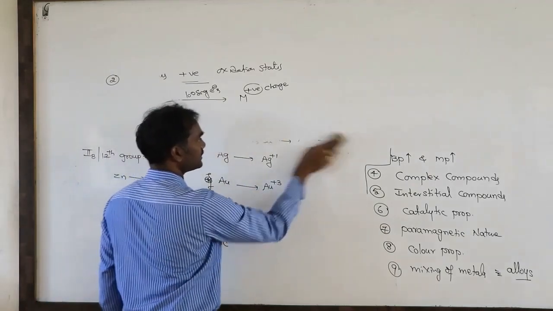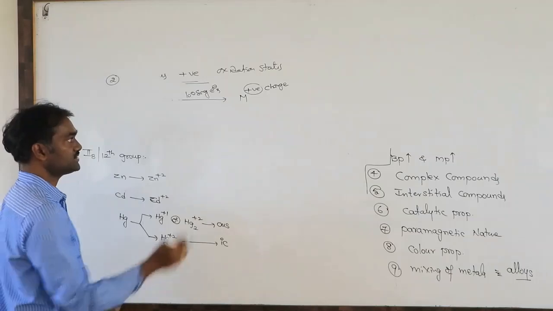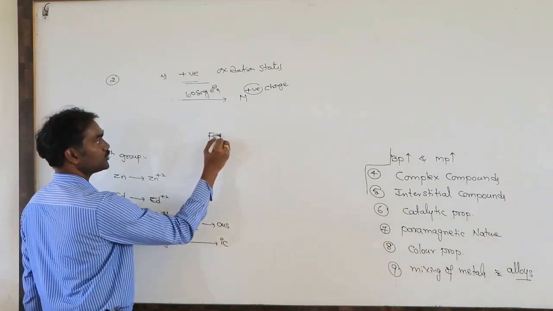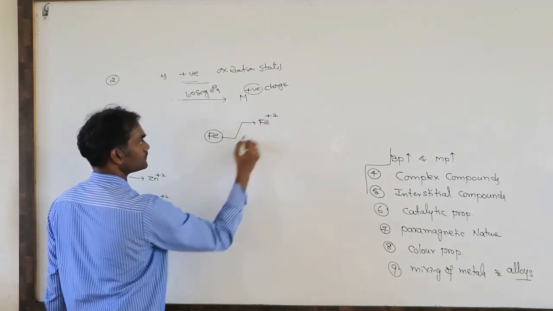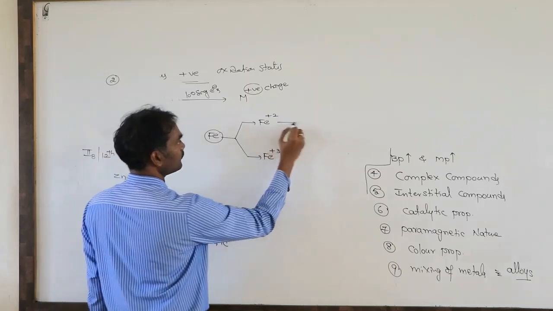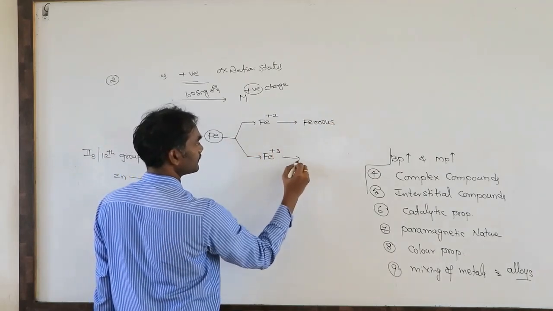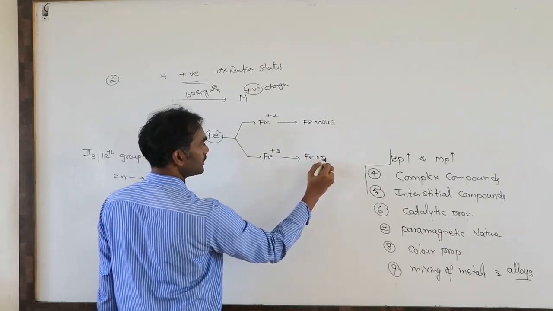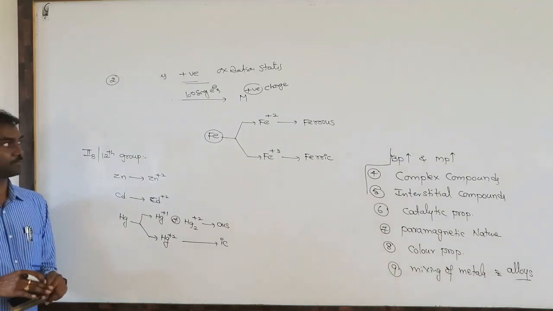Suppose you take iron. Iron is famous with two states: Fe plus 2 and Fe plus 3. Fe plus 2 is called ferrous and Fe plus 3 is called ferric.